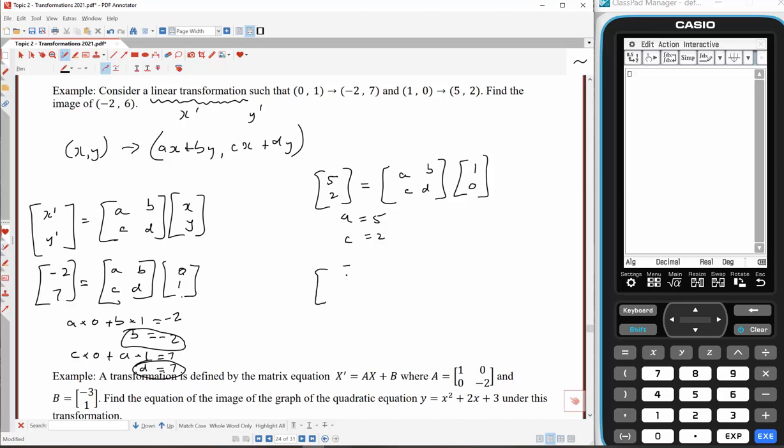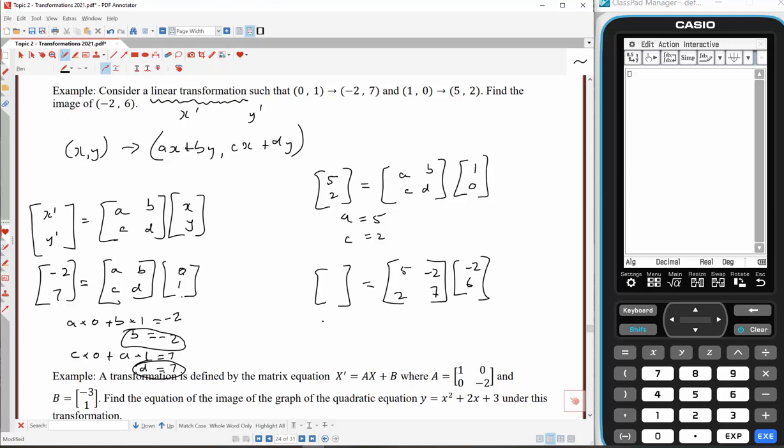So now I've got my full dilation matrix. Let's write in our values: 5, 2, and -2, 7. Multiplying by (-2, 6) to get what?